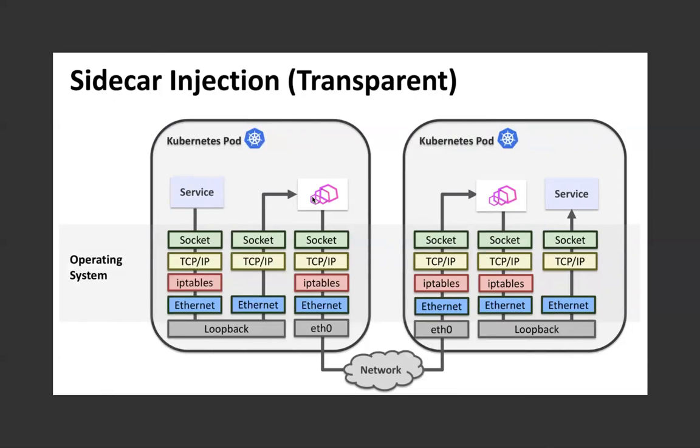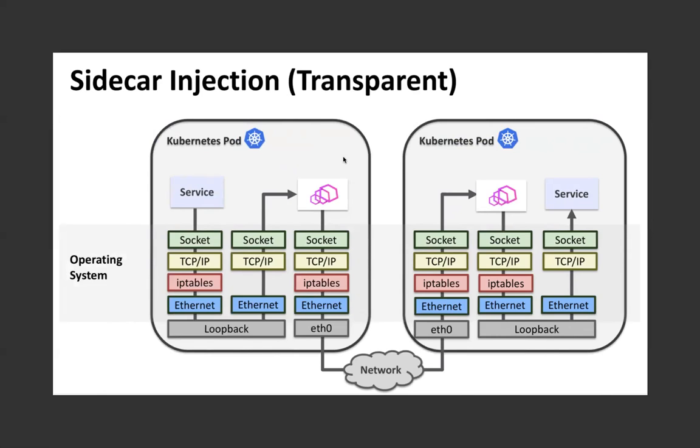That proxy will terminate that connection, close that TCP connection, and open a new one to the other sidecar proxy, which again will terminate, and then that proxy will do another TCP connection inside of the pod to the actual receiving application. So a lot of networking is happening that's not necessary.